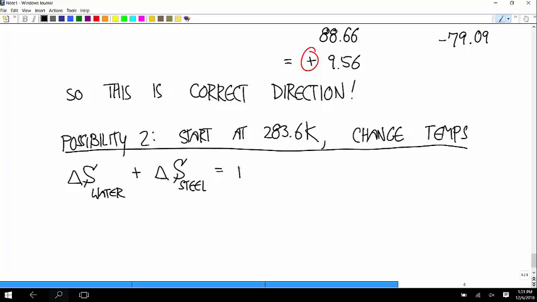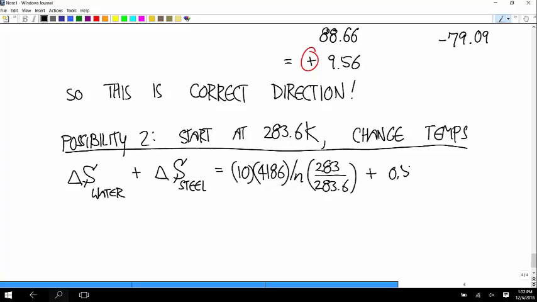So that's going to be 10 times 4186 times natural log of, this time what's the later temperature? It's 283 this time. The earlier temperature is 283.6.